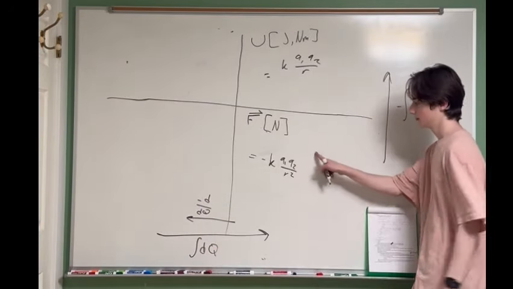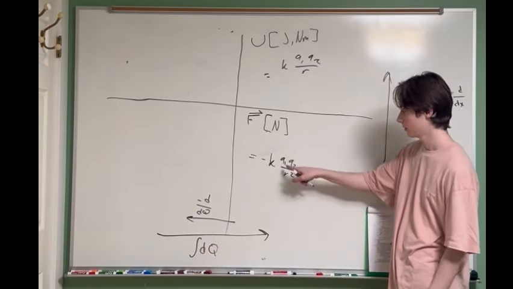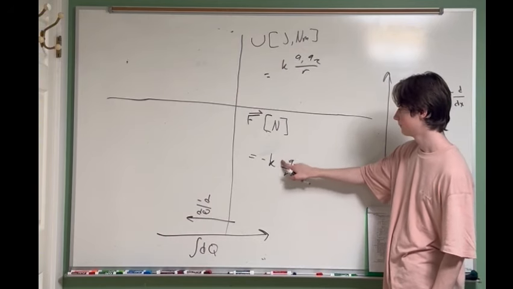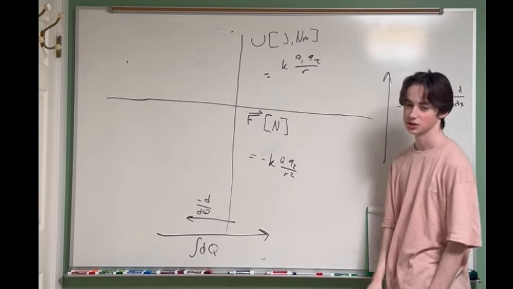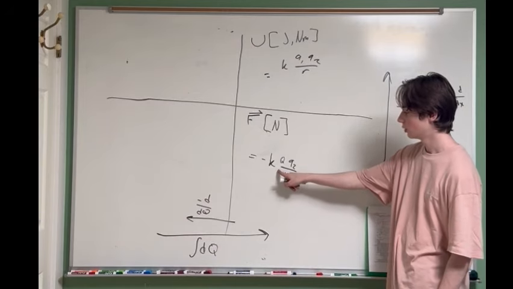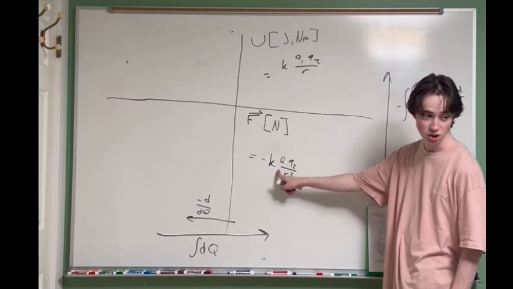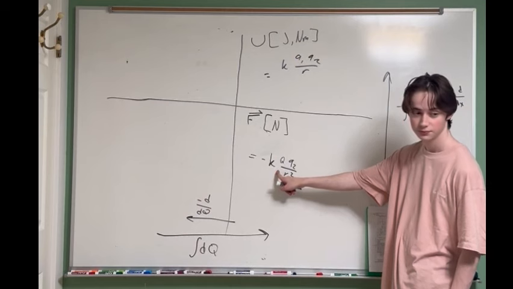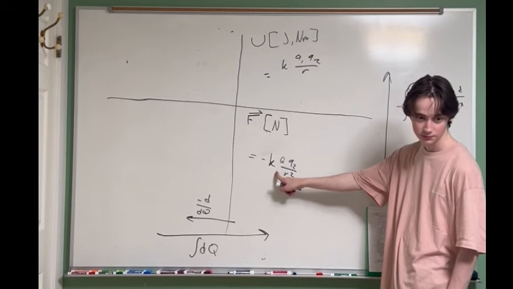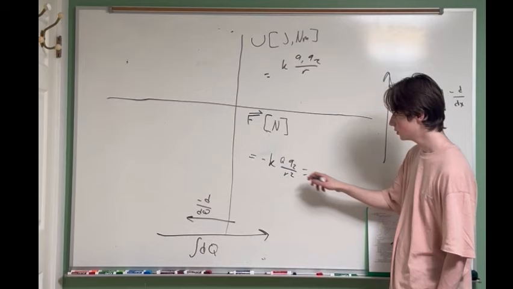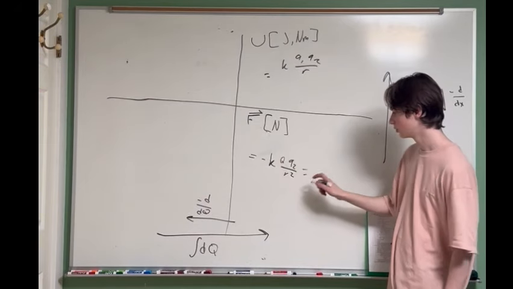With force, what if we had some Q here that was in some charge distribution? If we want to change this into an integral, how could we change this formula? We could change Q to be dq and put an integral over the whole thing.